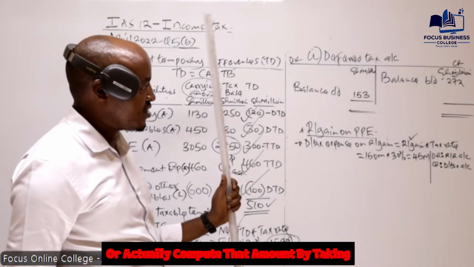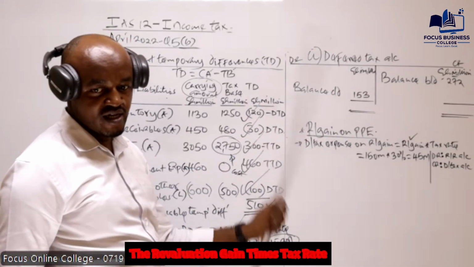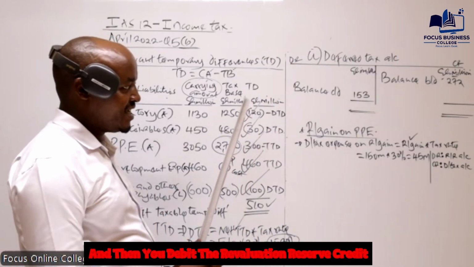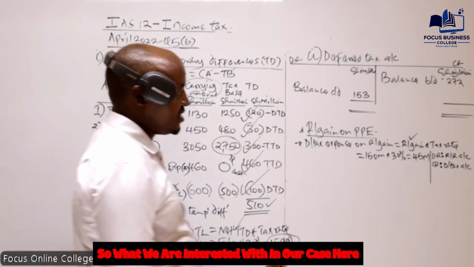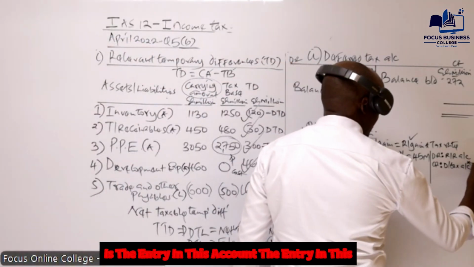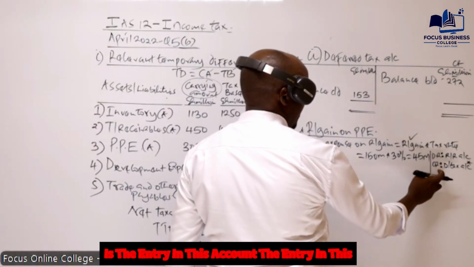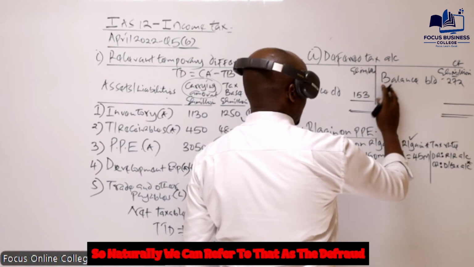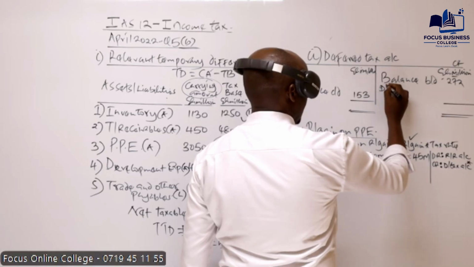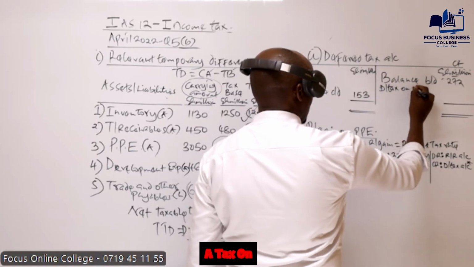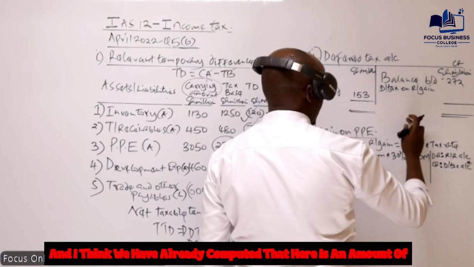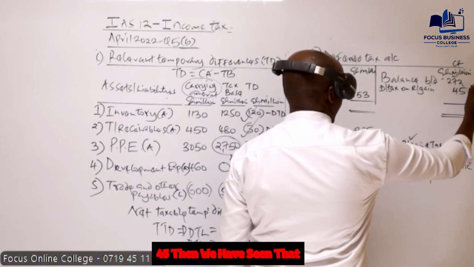You compute that amount by taking the revaluation gain times the tax rate, and then you debit the revaluation reserve and credit deferred tax. So what we are interested in here is the entry in this account, which should be credited. We can refer to that as the deferred tax on the revaluation gain, and we have already computed that as an amount of 45.